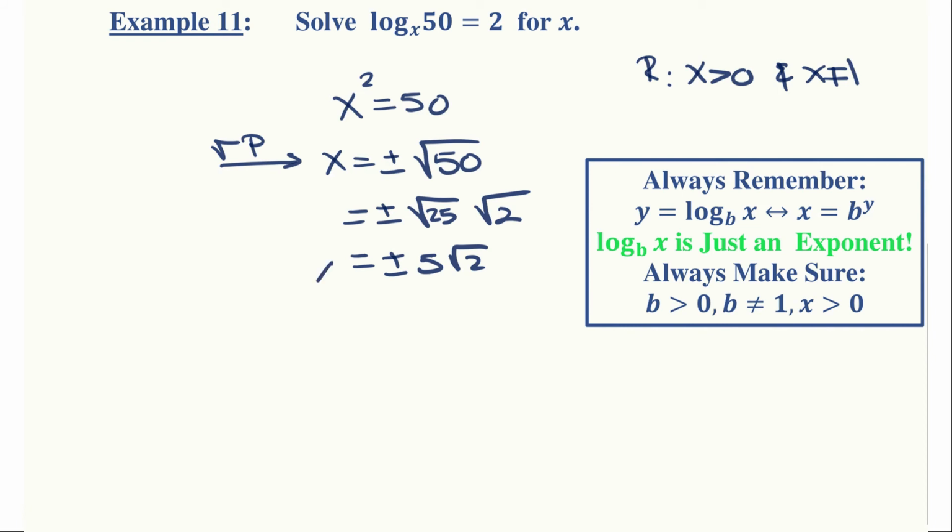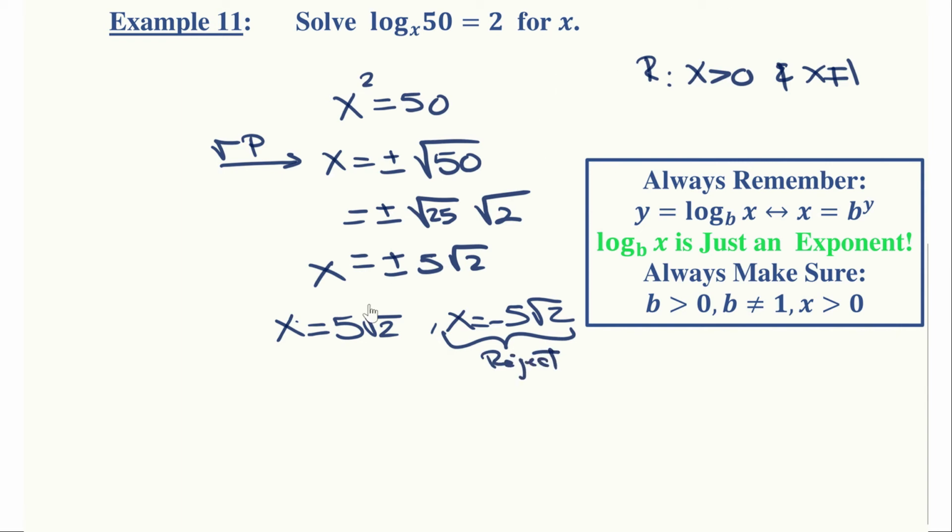So we notice right away that if we split that into 2 separate solutions, x equals 5 radical 2 or x equals negative 5 radical 2, this one right away fails this requirement, because a negative number is obviously not greater than 0.